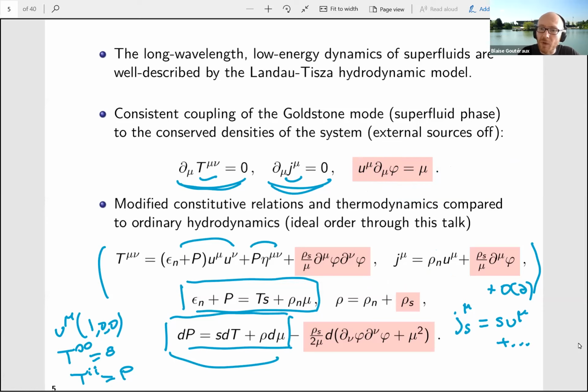It also adds new terms in the constitutive relations. And the guiding principle is that you should add terms that are allowed. But then since we're still only talking about thermodynamics, we want to add these terms in a way which is consistent with thermodynamics. So this uniquely fixes all of these terms.